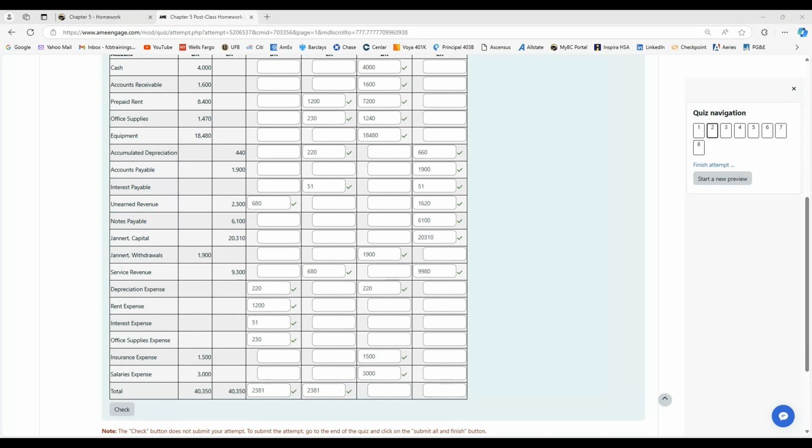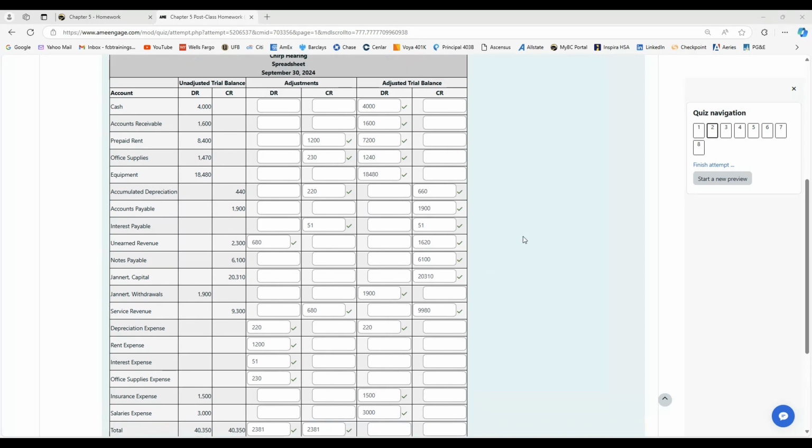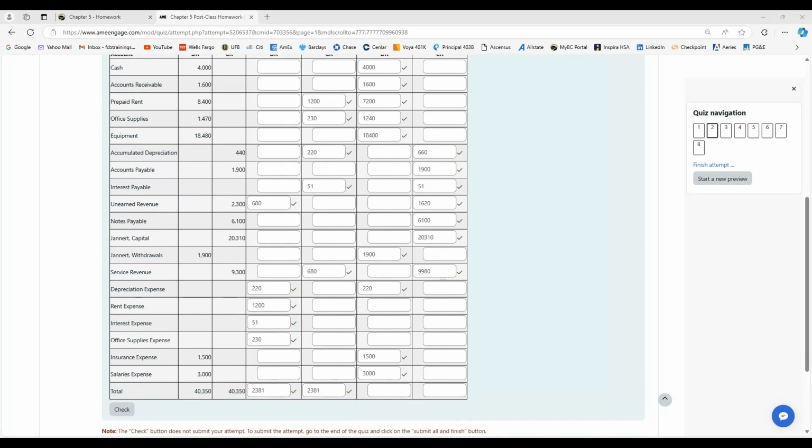And then let's just add up our unadjusted trial balance numbers. So starting with 4,000. So 4,000 plus 1,600, 7,200. Just going down the line here, adding up all of our debits. If we add those all together, I get 39,140. And then our debits and credits should equal, so let's just put that in and see if it works out. No, what did I miss? I missed a couple. Sorry.